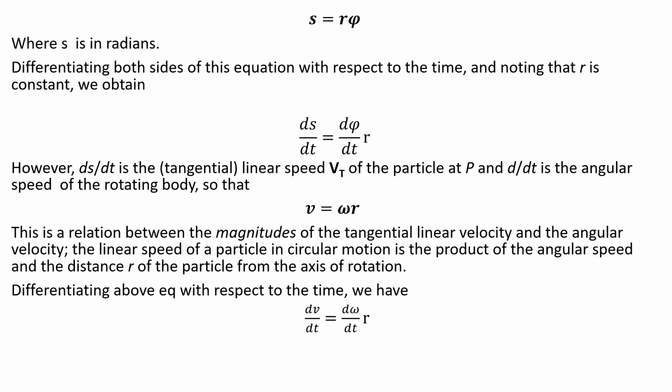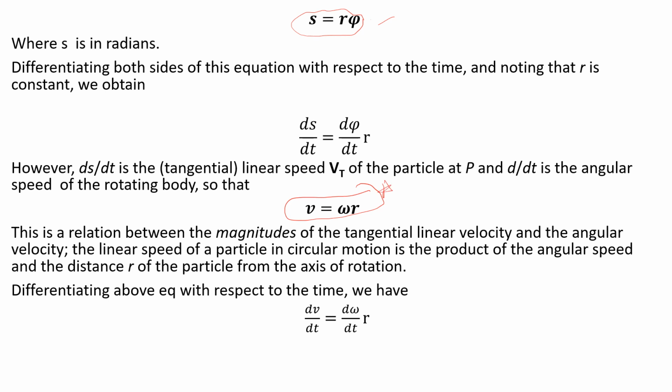Now this is a relation which we get from the figure. We have already studied these relations in our rotation variables slides. s is equal to r theta, where theta is in radians. Differentiating both sides, we end up with v is equal to omega r.